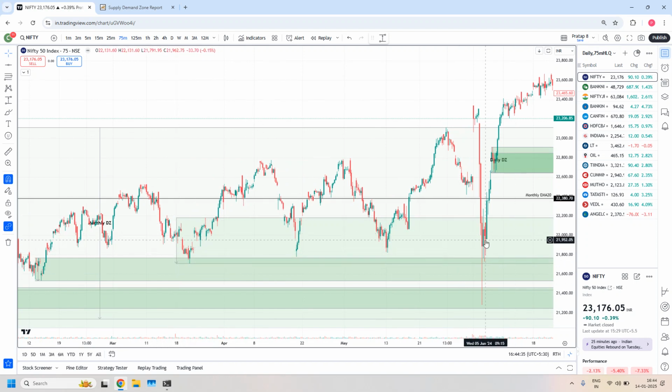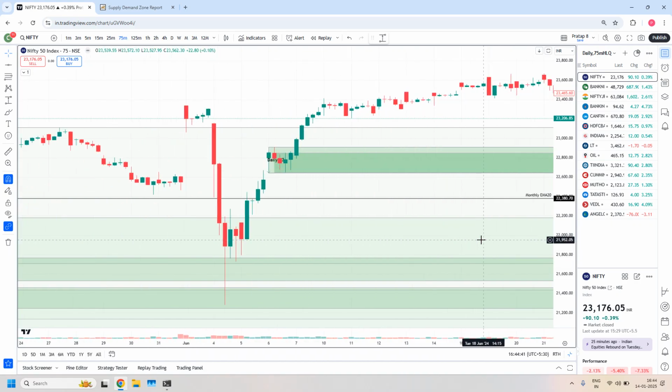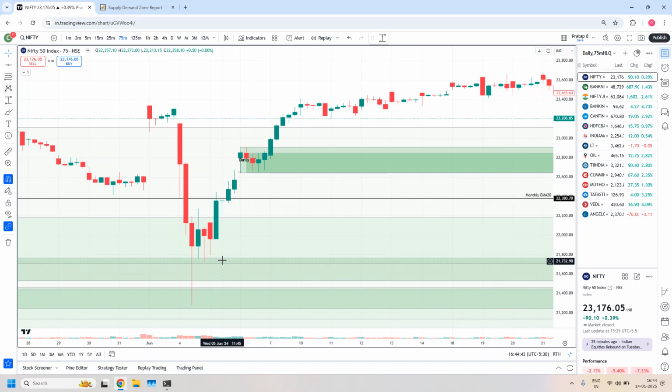So the entire zone is inside the weekly zone, but the order flow is from the pierced zone. That means institutions spread the order flow within this daily pierced zone as well as the monthly pierced zone. Origin is the daily pierced zone. So this is the new order flow you have to identify and focus on.